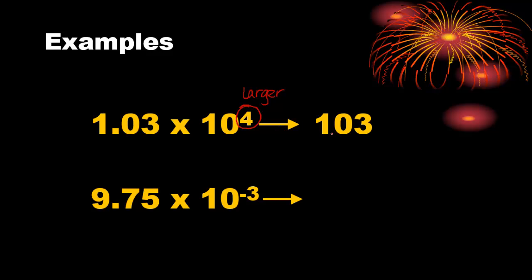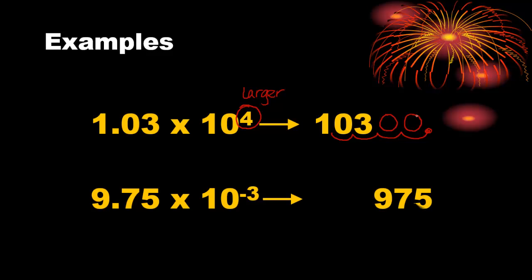So to make my number larger, I'm going to move it 1, 2, 3, 4 places. Now I've got a new decimal point. This is where we're going to fill in those extra zeros. So this number now becomes 10,300.